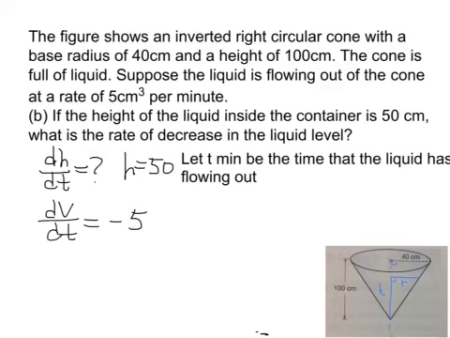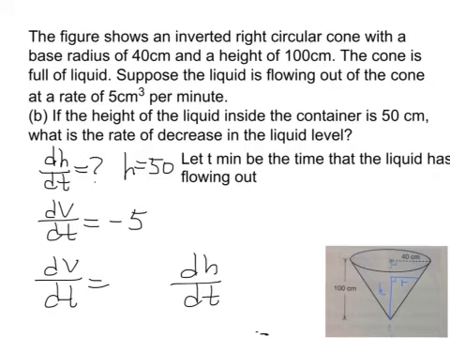So how do you go from here to here? Well, then you are missing this part. It's not exactly a fraction, but it's almost like a fraction where you can cancel this and you get dV/dt, in a sense.